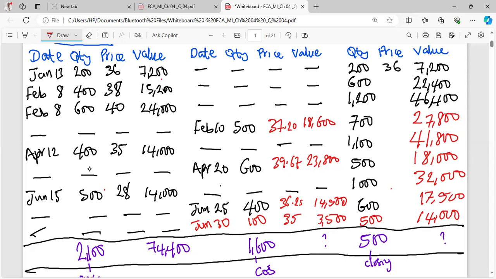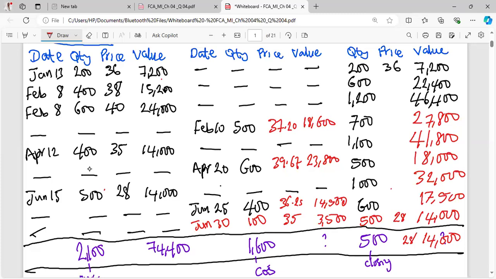That is the 500 that is remaining. And if we look at it again, this is at 28 naira, and the value is 14,000. You see here again, the value is 14,000 at 28, right?